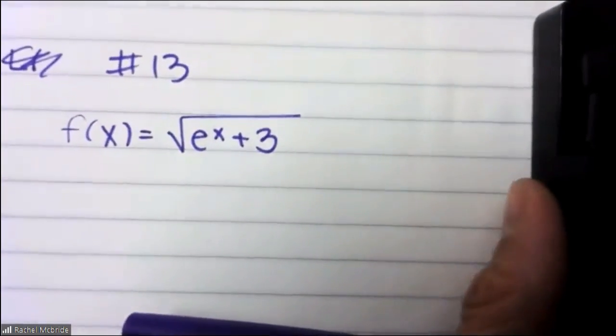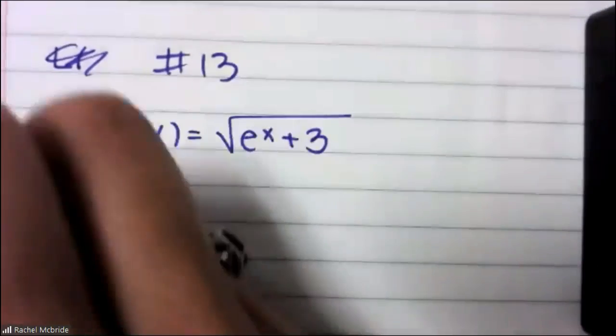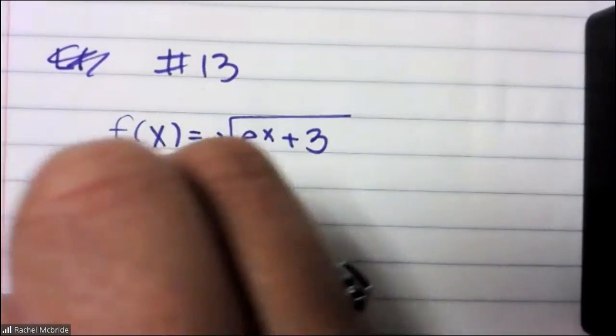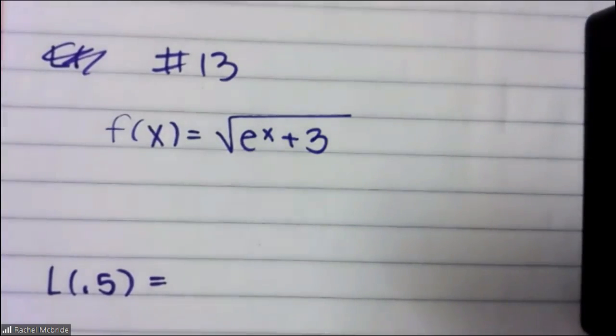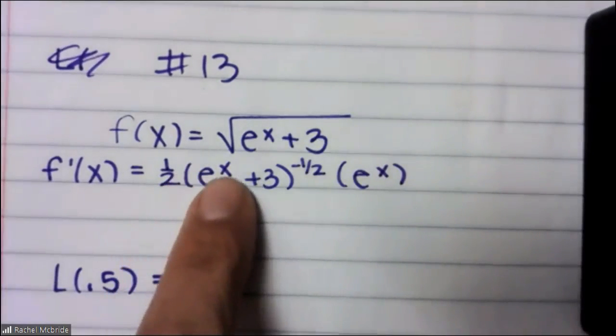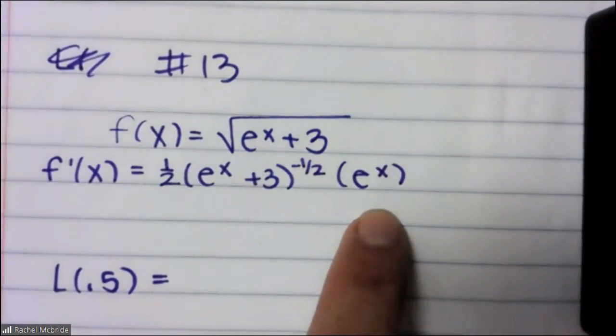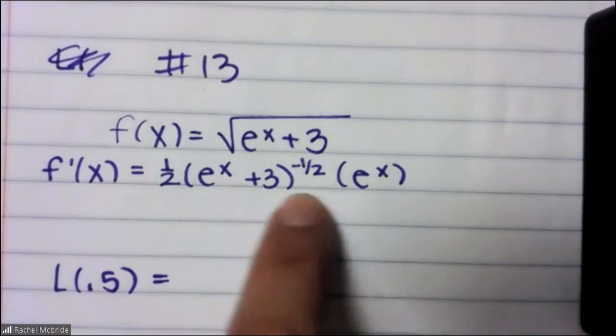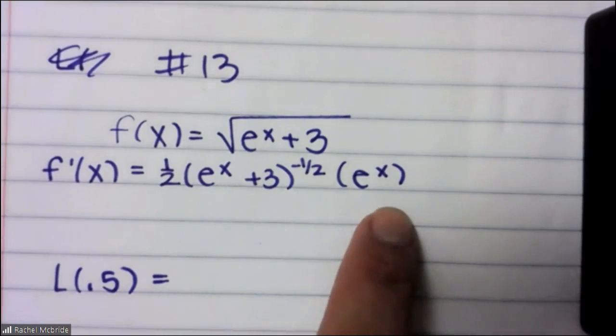You're trying to approximate 0.5. So what you want to do, this is like our Newton's method type thing. You want to first find your derivative. So I have 1/2 (e to the x plus 3) to the negative 1/2 times e to the x, because the derivative of e to the x is e to the x. Derivative of 3 is 0.